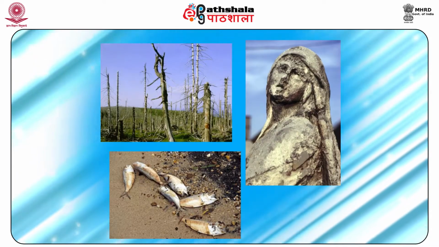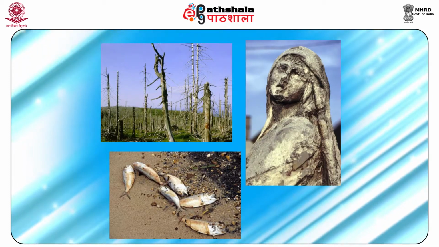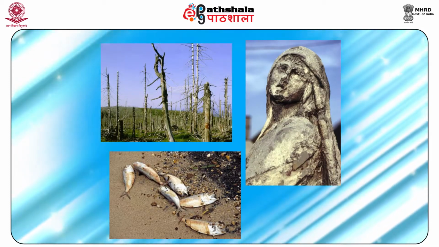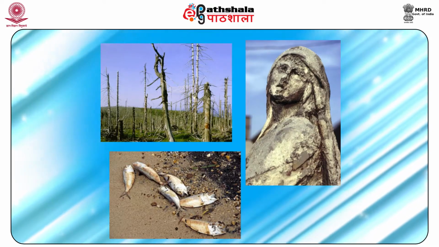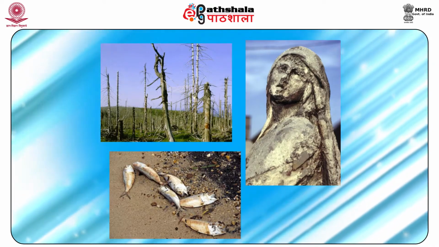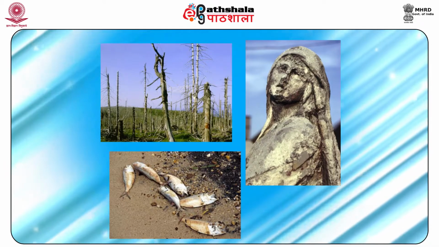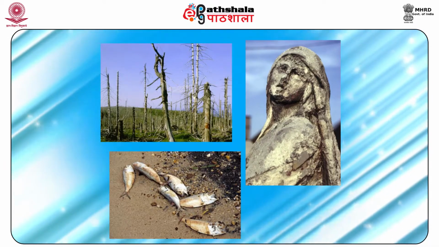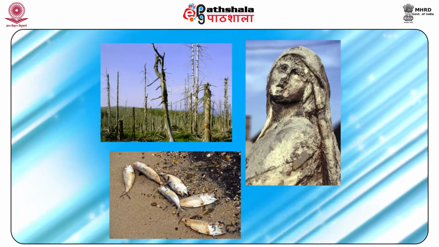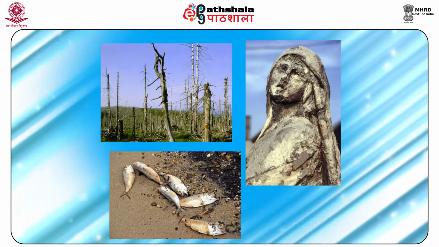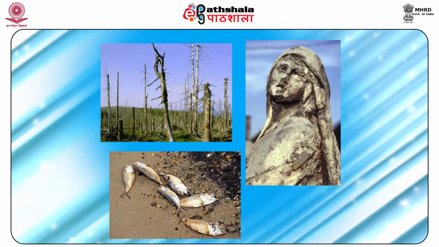Acid rain causes many problems such as damaging of trees, acidification of lakes, and death of aquatic life like fishes. It also leads to increased corrosion of machinery and structures, and in the destruction of archaeological structures which are constituted of marble.